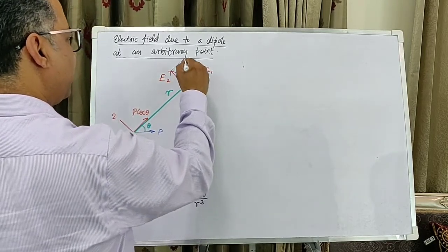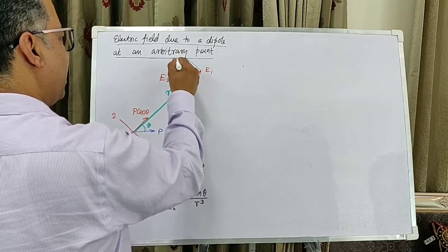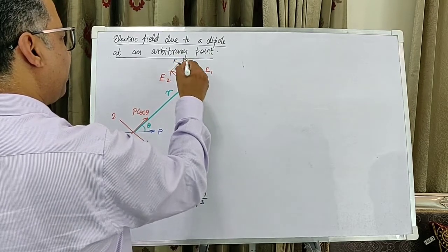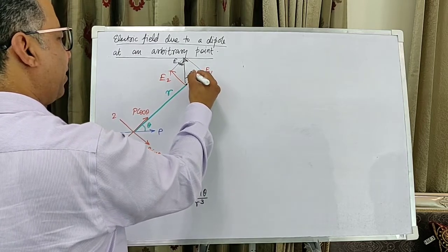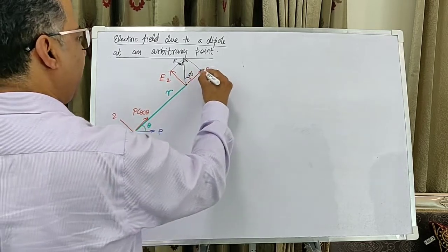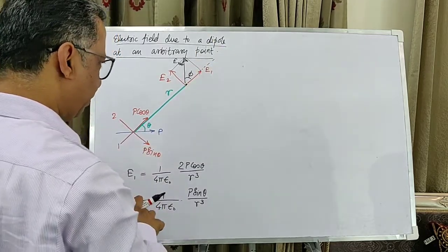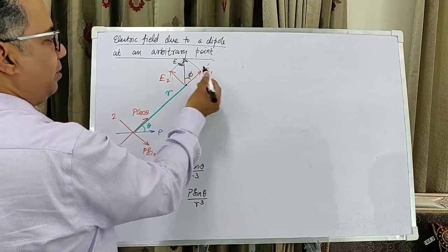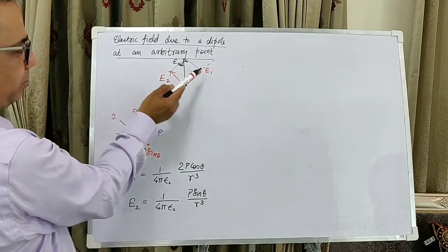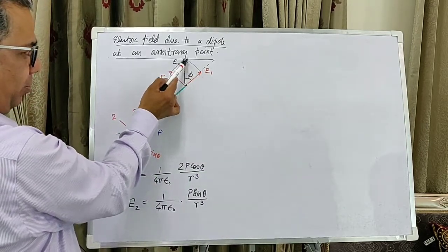So this here will be E net, this vector, and it will make an angle phi with this radial line. Now this magnitude is E1, and this magnitude here, E2, is obviously equal to this line.